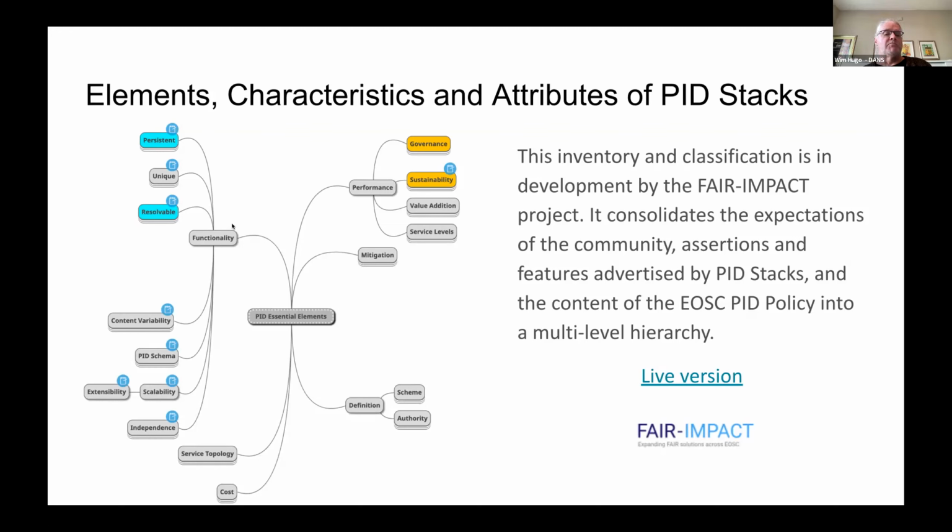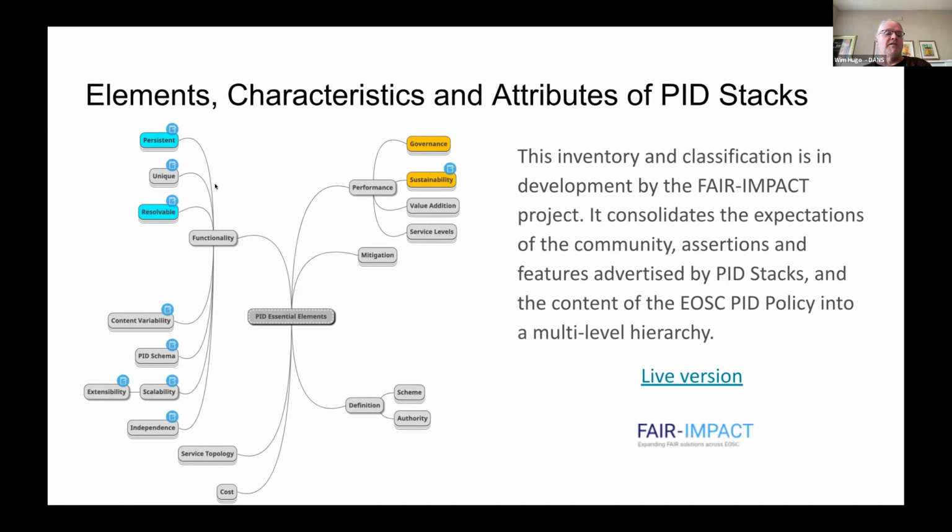But in broad terms, one could say that they deal with functionality, with a type of service topology, the cost, a definition, what is done in terms of mitigation of the typical problems that one encounters, and then what kind of performance one expects from the providers of PID services.